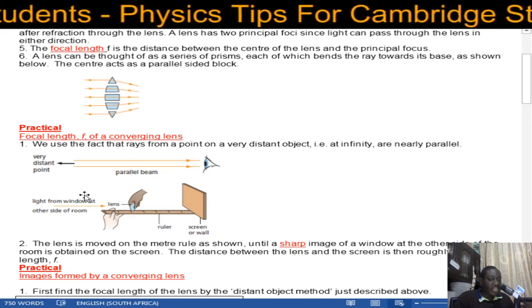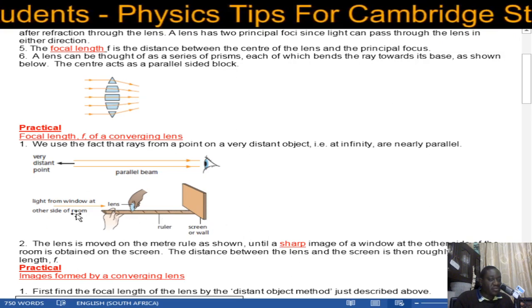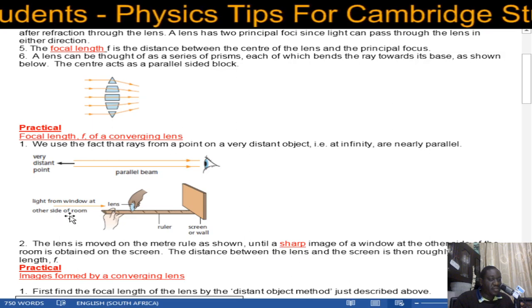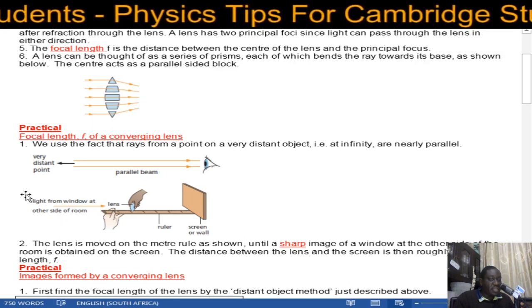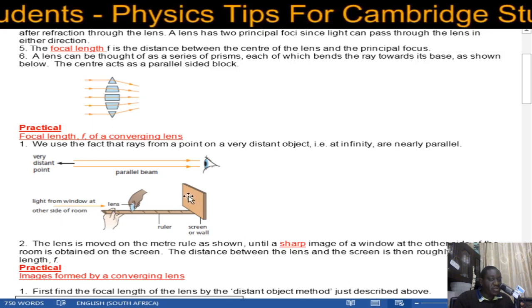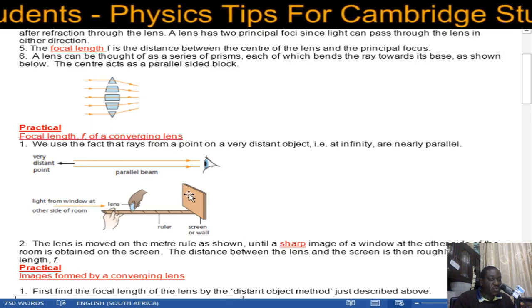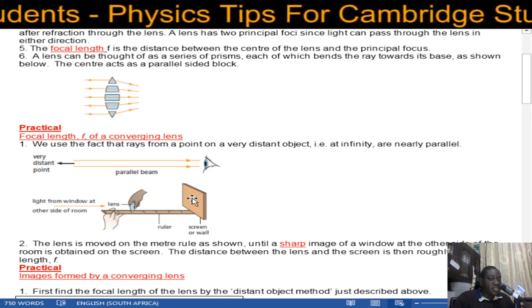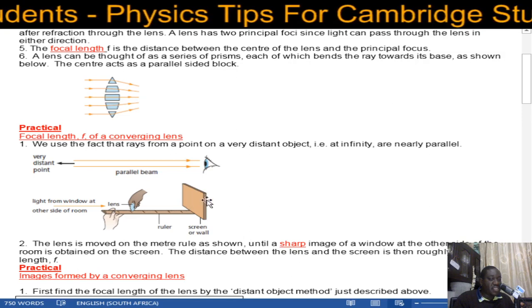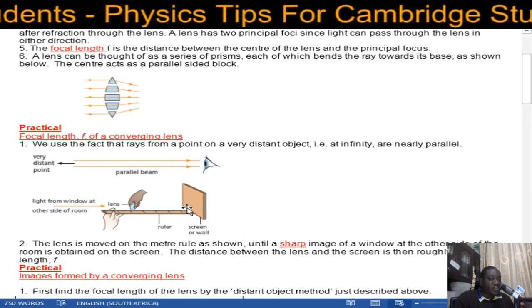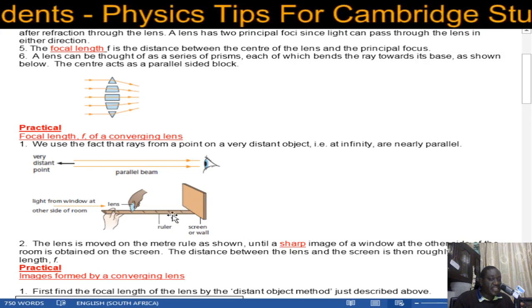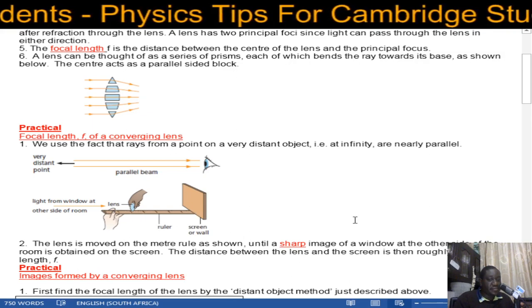You must have light that is coming from a window, from the side of the room, and then you see the image of the window on the screen, the wall there. When the image is sharp, that's when you have found the focal length of that lens. So you then measure that.